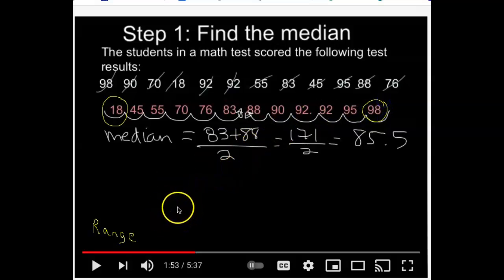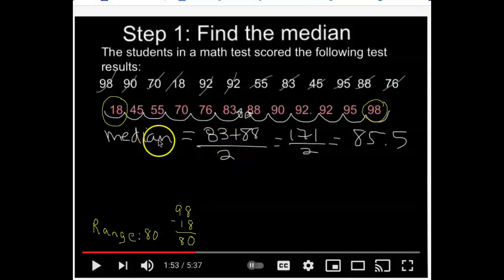So to find the range in this set of data, you would just take the number 98 and you're going to subtract the number 18. So go ahead and solve that for me, please. Okay, very good. You're going to get 80. So in this particular set of data, your range is 80.